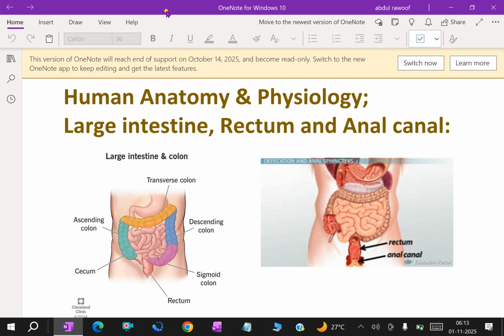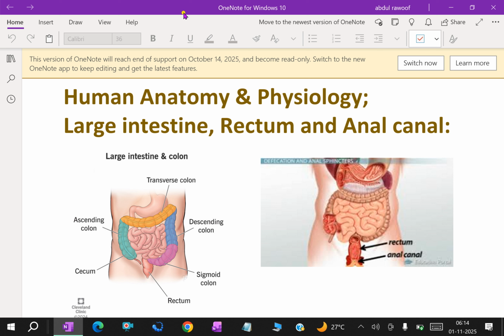Mucus helps to lubricate the feces, and an adequate amount of dietary non-starch polysaccharides, NSP fiber, previously known as roughage, ensures that the contents of the large intestine are sufficiently bulky to stimulate defecation.